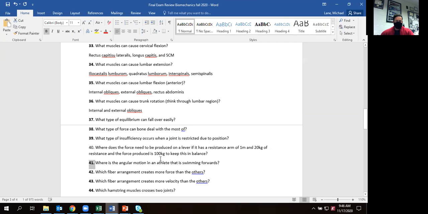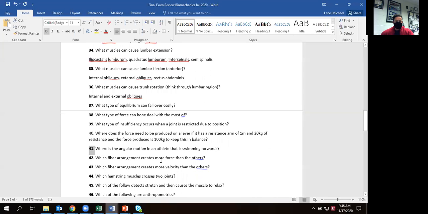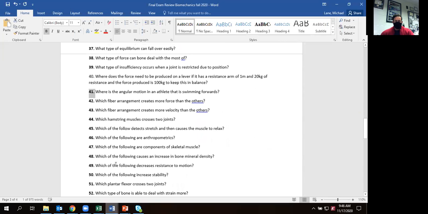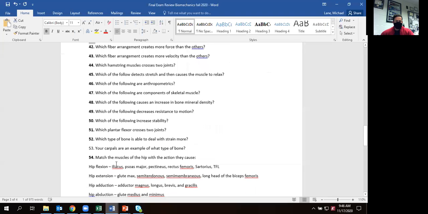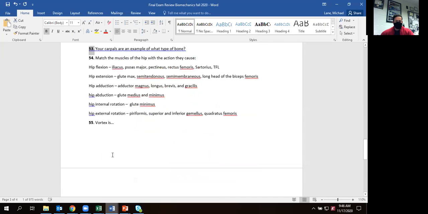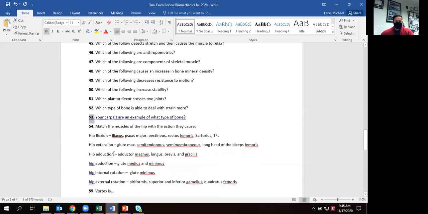And this is just simple leverage. So you're just solving for that distance. Should be about 0.2 meters. Yay. Carpals, short bones. That's it.